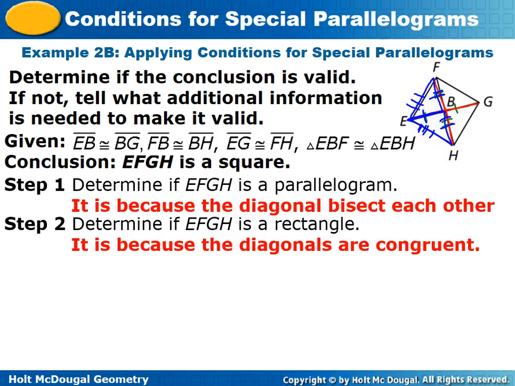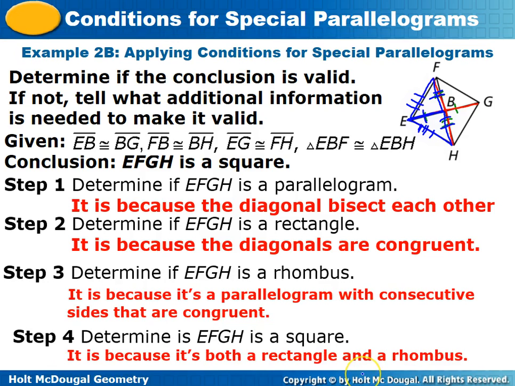So now, because it's a parallelogram and we have a pair of consecutive sides that are congruent, we can say it's a rhombus. Now, because we said it was a rectangle in step 2 and a rhombus in step 3, we can absolutely say that this is a square. Again, put me on pause if you need to write this stuff down.